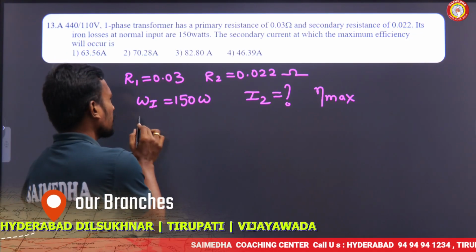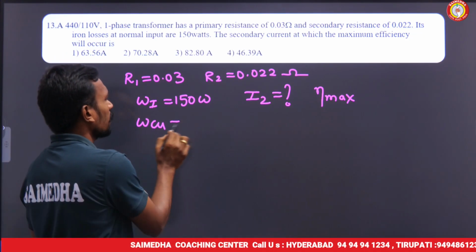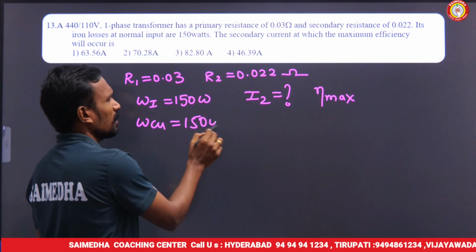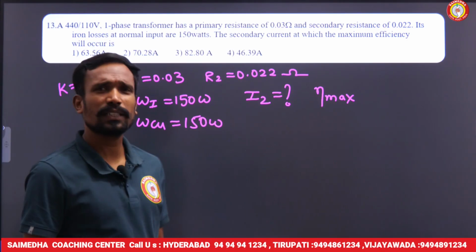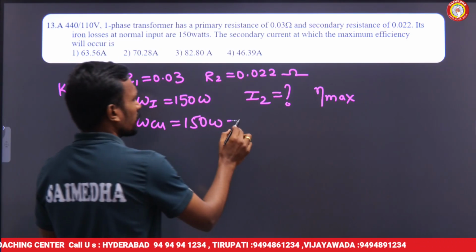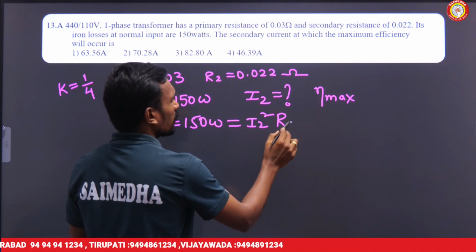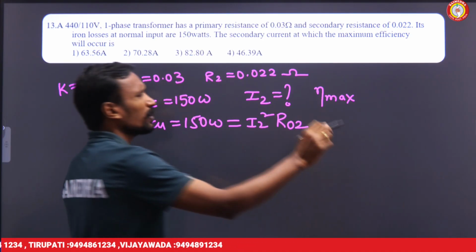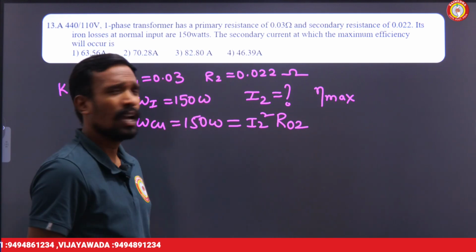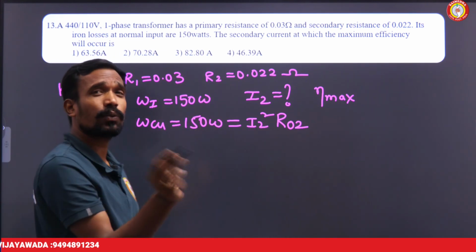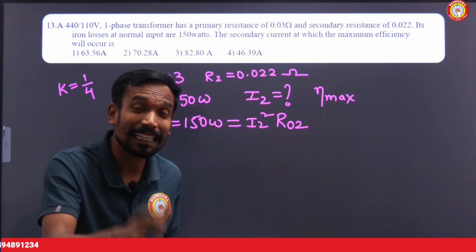Generally the maximum efficiency will occur when the copper losses are equal to iron losses. Now they are asking with respect to secondary, so this is I2 square R2. This is not R2, it is R02. The total copper losses will be equal to iron losses, not only the secondary copper losses.